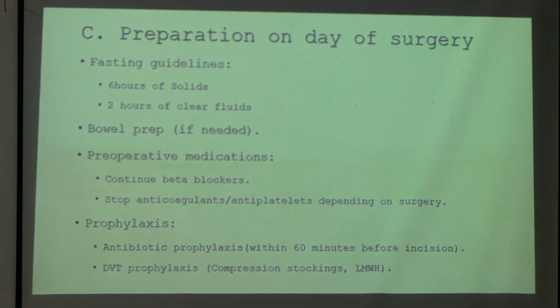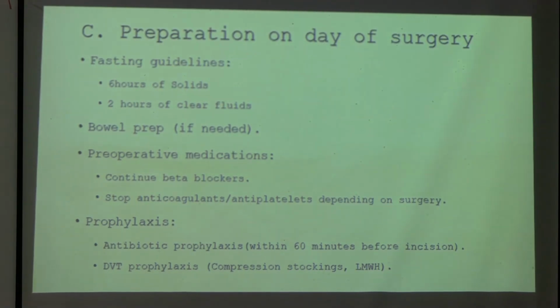Accordingly, you have to ask him to stop these anticoagulant and antiplatelet drugs. So you have to ask him not to take them. Especially for antiplatelets, you have to stop at least 7 days before. You ask him not to take those, because when you are doing the surgery, he may suffer from hemorrhage. In that case, he should not take this.